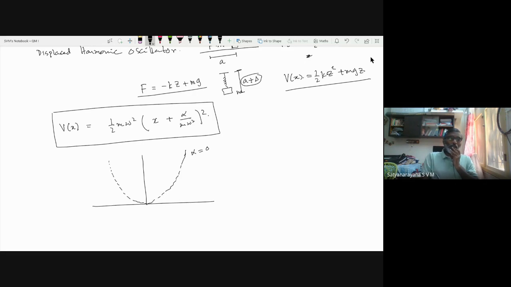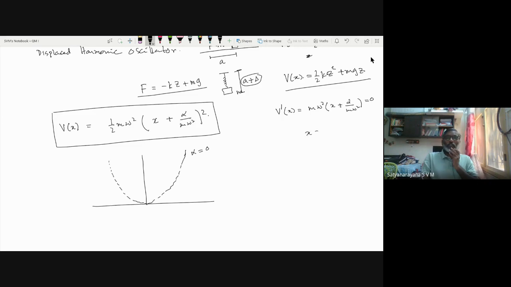At x equal to 0, what happens? This will be some positive value, right? So that means this is going, and where is that going to be minimum? So you take v prime of x, which is equal to m omega square into x plus alpha by m omega square. That is equal to 0.